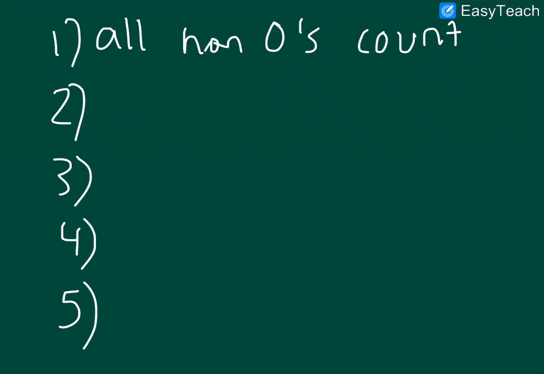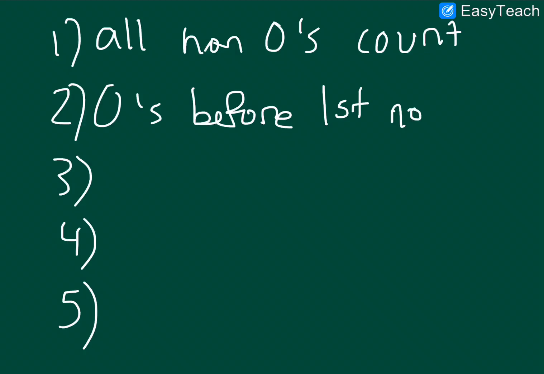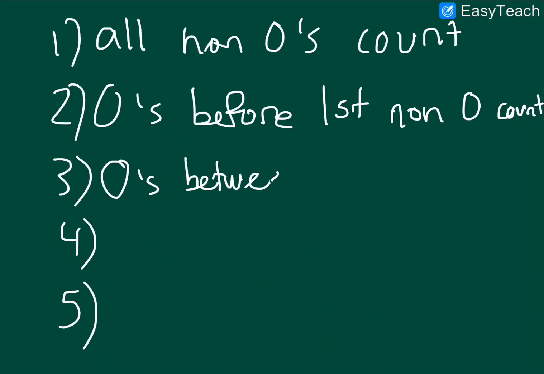Then second is zeros before the first non-zero count. Zeros between, there we go, between non-zeros count.